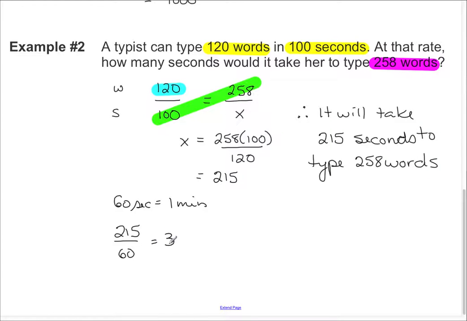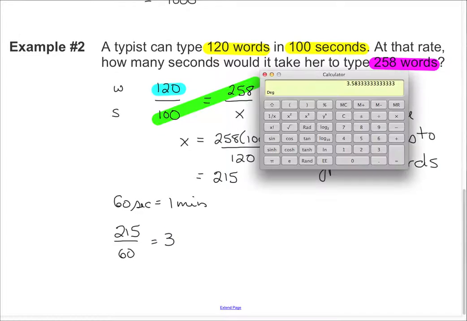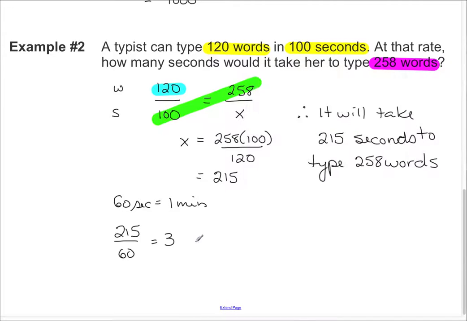So that's 3 minutes. But 3 minutes is actually 3 times 60 is 180. So to get to that 215, we need a few more seconds. So I'm going to do 215 subtract 180 and see that there's another 35 seconds left over. So this is actually 3 minutes and 35 seconds.